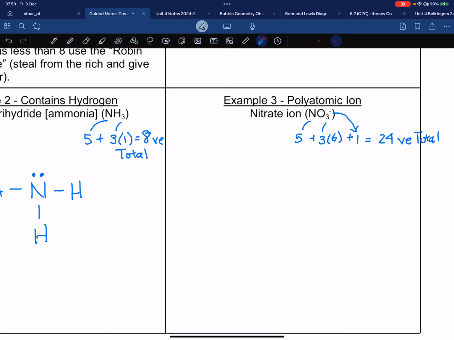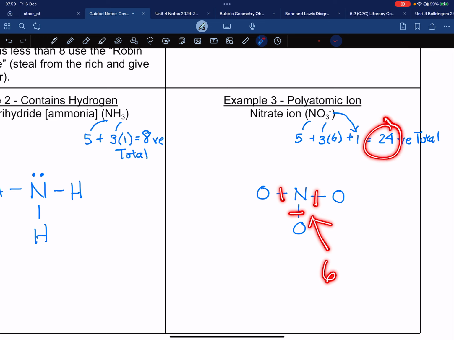If you have only 1 of something, you put it in the center. Nitrogen, oxygen, oxygen, oxygen, and you connect them with single bonds. I have 2, 4, 6 electrons right now. I need 24. All right?